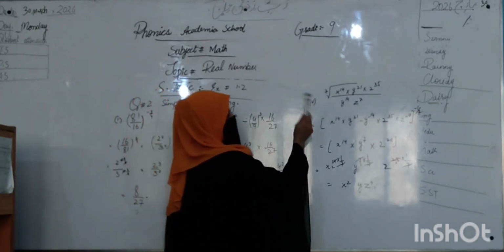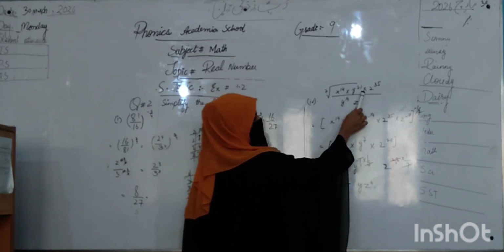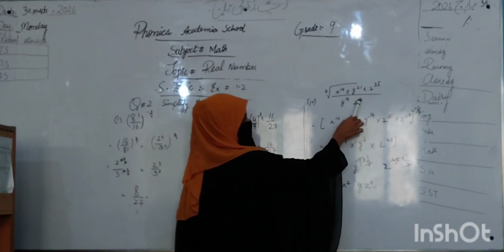Then question number 4. They say the square root of the bracket x to the power 14 multiplied by y to the power 21 multiplied by z to the power 35, over y to the power 14 z to the power 37.